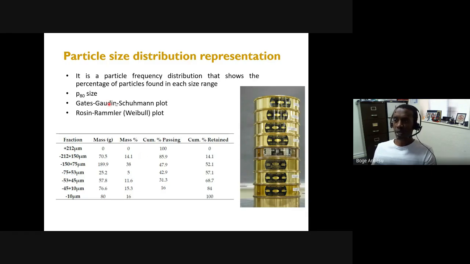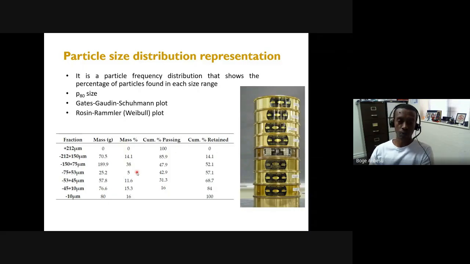So if you determine the P80, then you can probably get away with it in many places and get a reasonable particle size distribution. Again, this is just an example. This table shows what information you can get using different sieves and the masses in each sieve. You can work out the percent, then the cumulative passing, and the cumulative retained can be worked out.